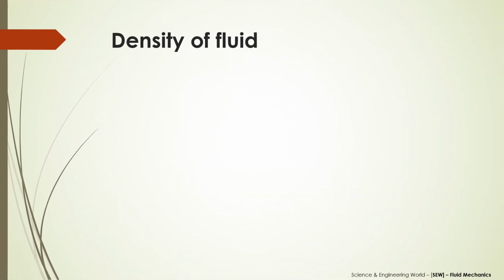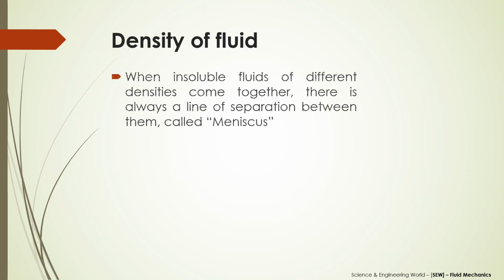Before we round up, I would like us to look at a situation where we have two fluids that cannot mix in a container. In this situation, we always see a line of demarcation between the two fluids which cannot mix together because they have different densities. This line of demarcation is always called meniscus.